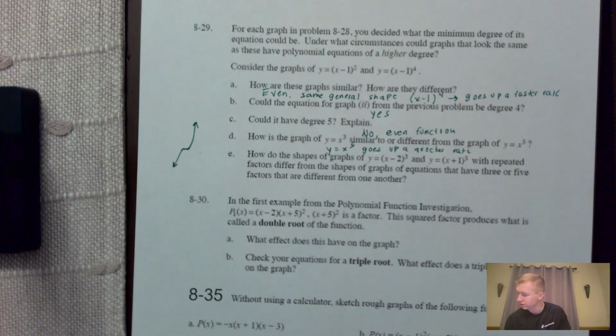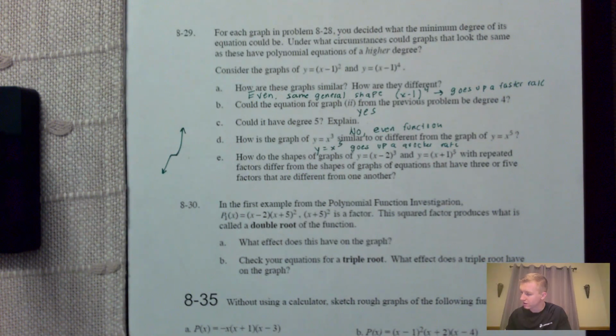All right, and then for letter E, it says, how do shapes of graphs y equals x minus 2 cubed and x plus 1 quantity fifth, which have repeated factors, differ from the shapes of graphs of equations that have 3 or 5 factors that are different from one another? That's kind of a wordy question. I don't really like this one, but you kind of get the idea. In other words, the polynomials that have all different factors kind of have humps, and these just bend.